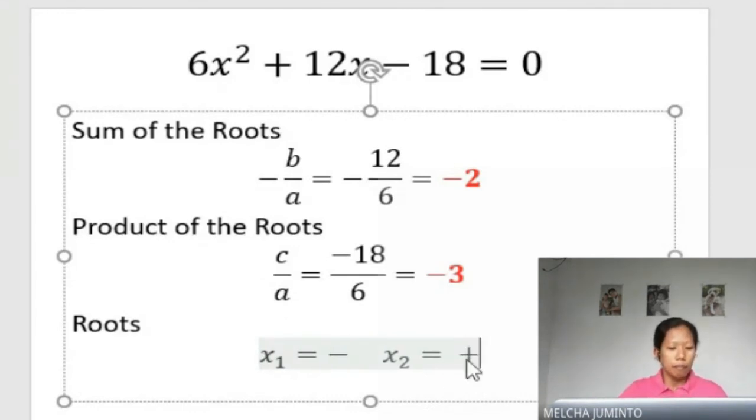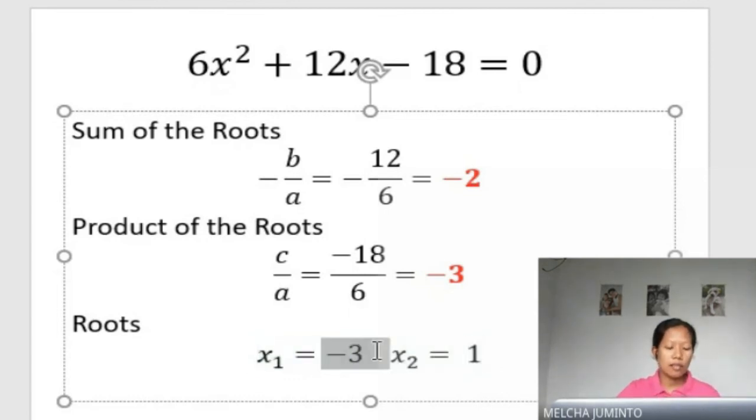You can only obtain a negative product once you multiply two numbers with different signs. Two numbers that add to negative 2 will be negative 3 and positive 1.